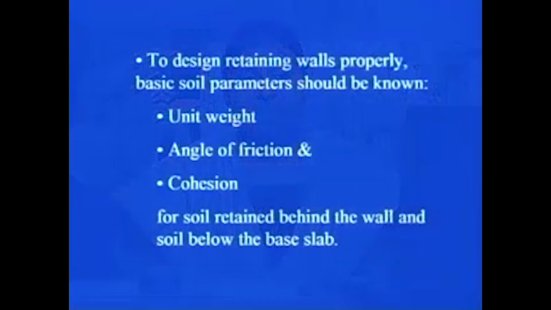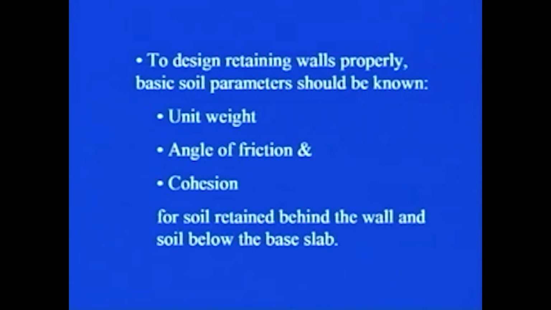Now, these were the various types of retaining walls. Now, to design the retaining walls properly, some of the basic soil parameters should be known, as it was necessary when we were estimating the lateral earth forces. What are those properties? They are unit weight of the soil, angle of internal friction of the soil and the cohesion.